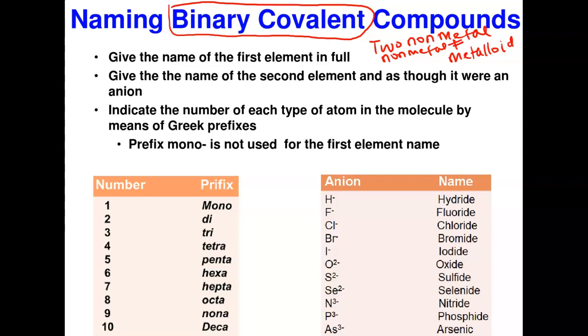Remember, metalloids are those that share the characteristics of both metals and non-metals. So in a binary covalent compound, it has to be 2 elements, or 2 atoms, involved.